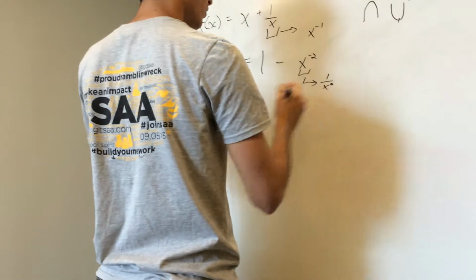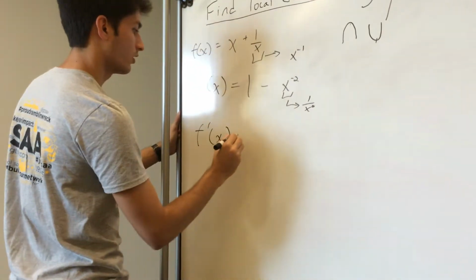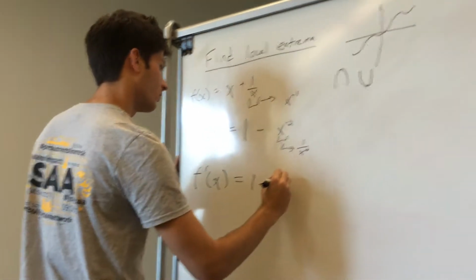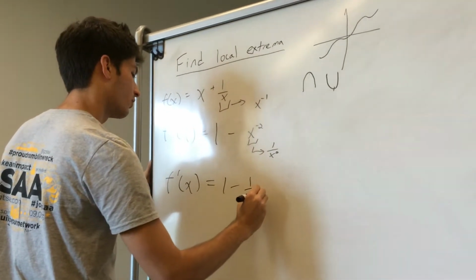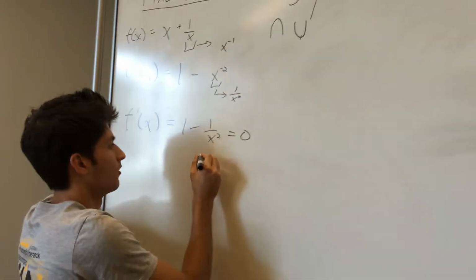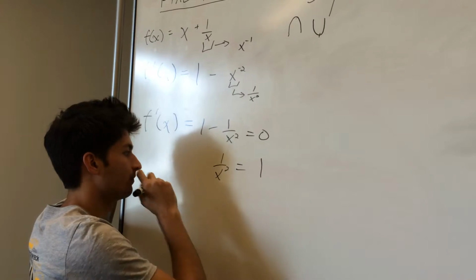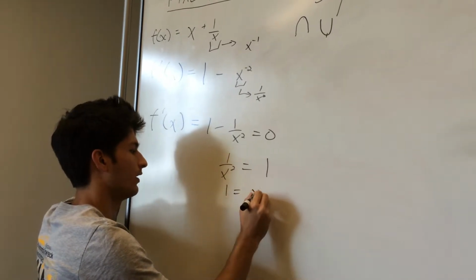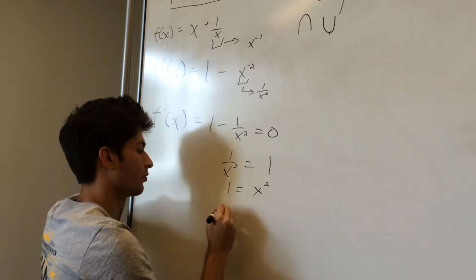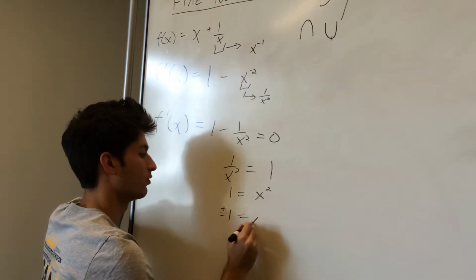So we set this whole function, 1 minus 1 over x squared, equal to 0. Simplify that, x squared equals 1. Take the square root, so you get plus or minus 1 equals x.